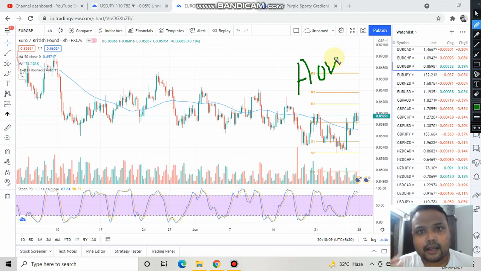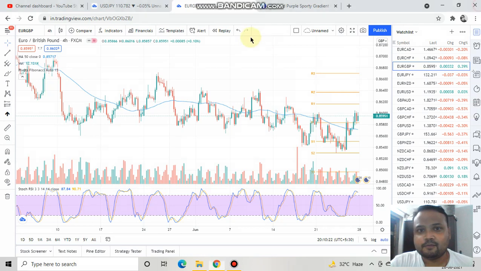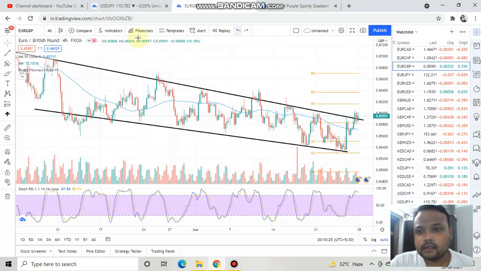But this market is a choppy market, or if you just observe the chart, then you can clearly see that this is a sideways market, and in a sideways market like this, we get opportunities on both the sides. And right now you can see that market is trading in a particular range.